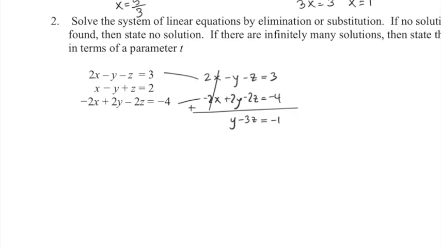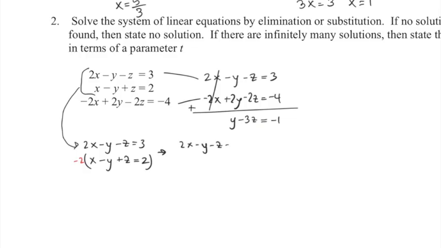So if I take, for example, the top two equations here, and multiply that equation there by -2, then what we'd end up with is, again, we can eliminate x, and it's important.